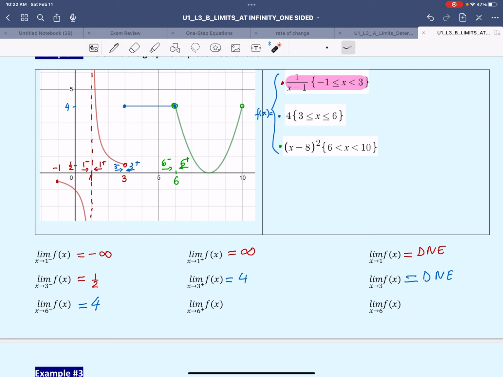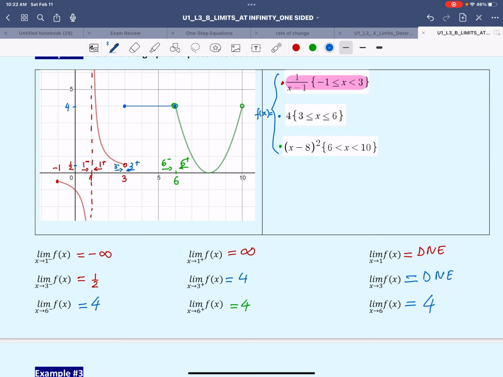When we approach 6 from the right-hand side, this time the values of the function are on the green graph. So the values of the function are approaching 4, and I'm going to write here from the right we have 4 as well. So as you can see here, the limits on the left and the right are equal, which will make the limit at 6 exist and equal to 4.